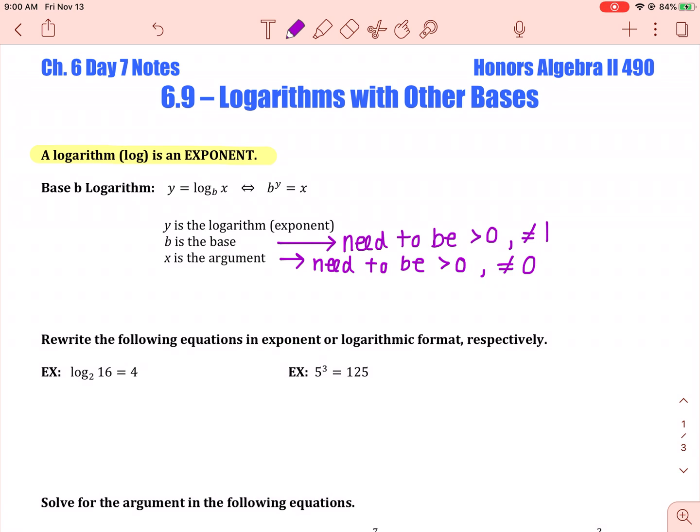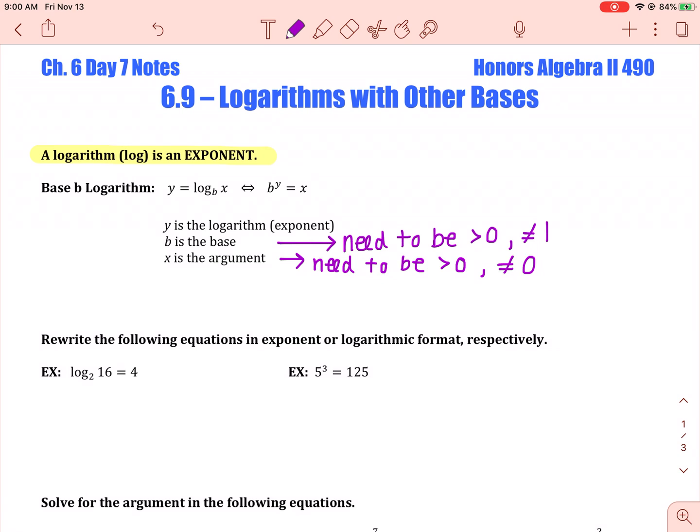So first part is write the following equations in exponent or logarithmic format. So let's see, looking here, log base 2 of 16 equals 4. That's in log format. We need to get it in exponent format. So I'm going to look at my variables. Notice b in this case is 2.